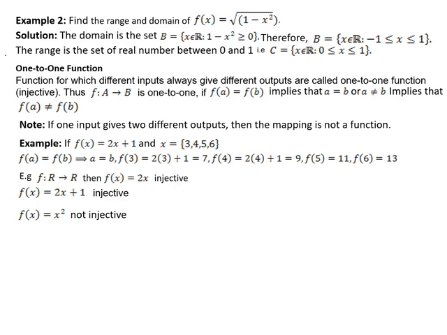And let's also check this example. If f of s equal to 2s plus 1 and s equal to 3, 4, 5, and 6. We are having the values of s here, which are 3, 4, 5, and 6. Substitute into the function given, then we have the specific answer for each value of s, where f of 3 is equal to 7, f of 4 is equal to 9, f of 5 equal to 11, f of 6 equal to 13, and so on.